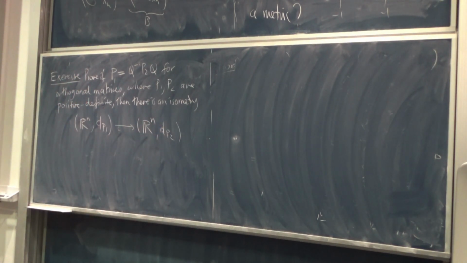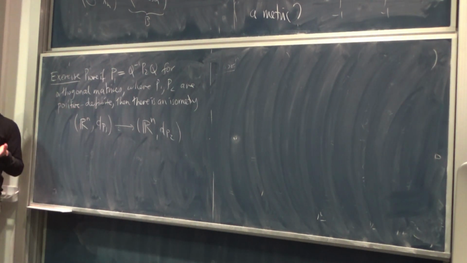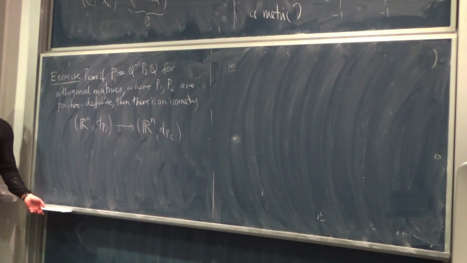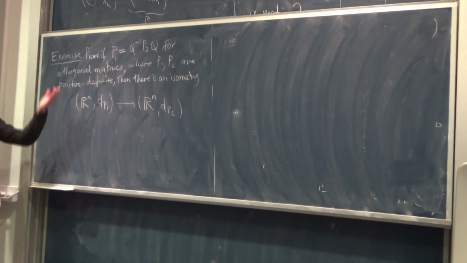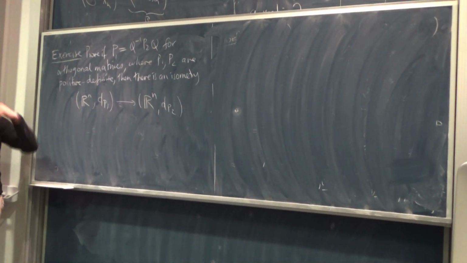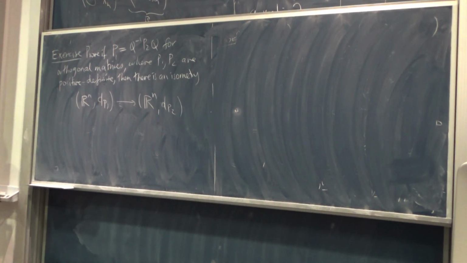That is, there's a bijection from R^n to itself which is distance preserving, where you use distance d_P1 on the left and distance d_P2 on the right. This is what you mean by two metric spaces being the same. Up to a reordering of the points, they measure the same distances. So if two positive definite matrices are related by this Q, then they give essentially the same metric up to an isometry.